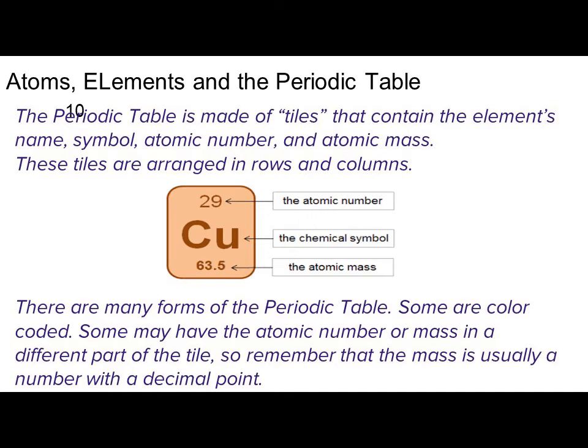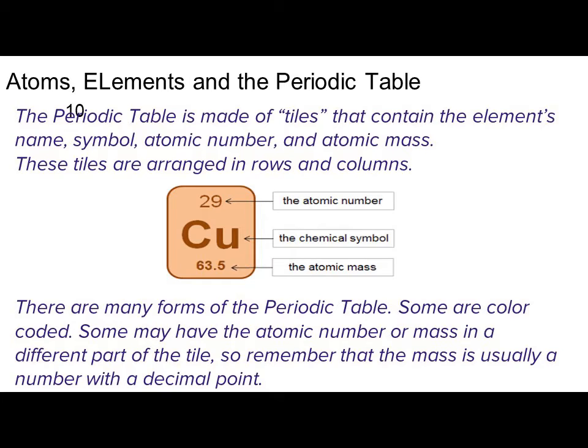When we think of the mass, we think of that nucleus where we have those protons and neutrons clumped together, and they make up the weight of that particular atom, or the mass as it's more often called. So we have the atomic mass, the atomic number, and the chemical symbol.